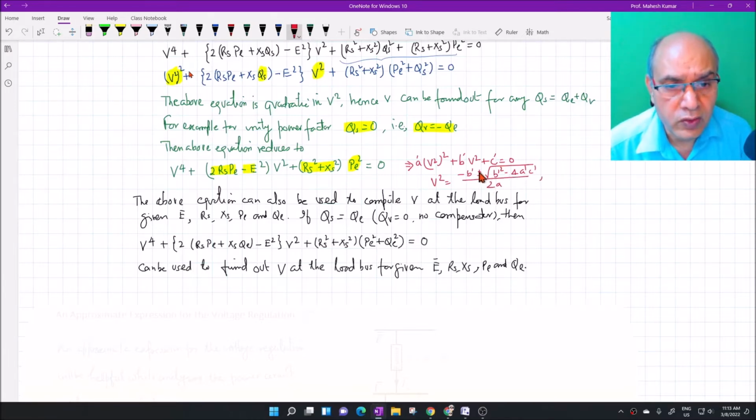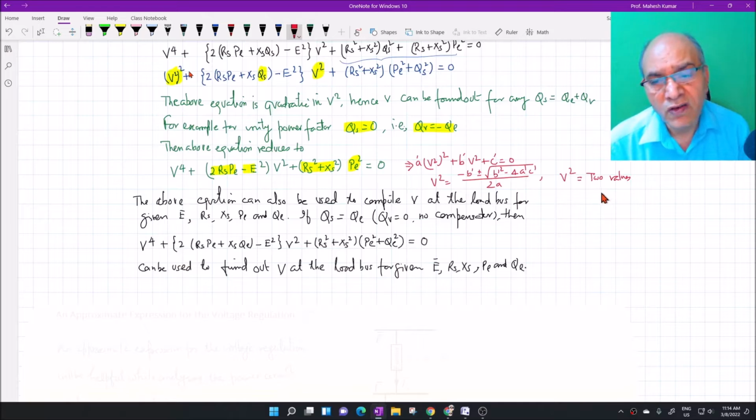Therefore, it will have two values. When B square has two values, then we will take the square root of that. So actually the solution of this equation will give four values of voltage, and we have to choose the least RMS positive value.